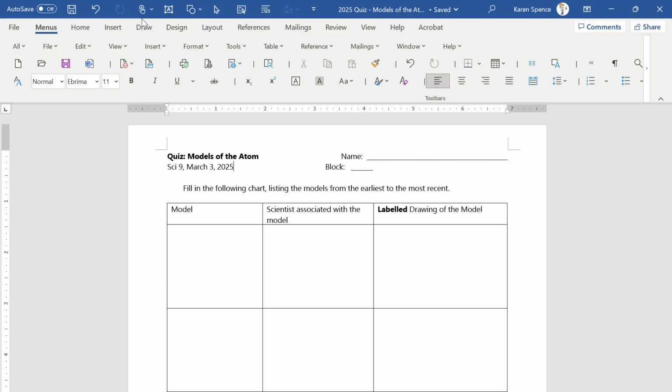So it says selenium. Selenium, it's not here. There. No worries. It's hard to see. That's right.